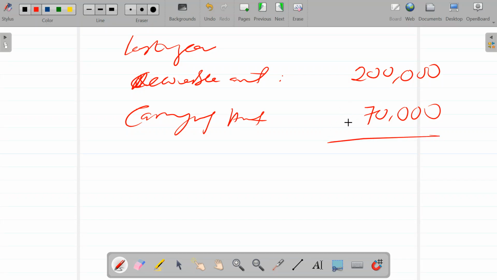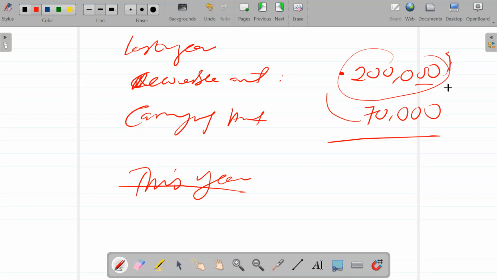So you can see the recoverable amount is far higher than the current amount. Okay, and then this year too, you want to test for impairment. But last year when you did the impairment test, you noticed that the recoverable amount is very, very high. So it is unlikely that this recoverable amount will fall all the way below the current amount.